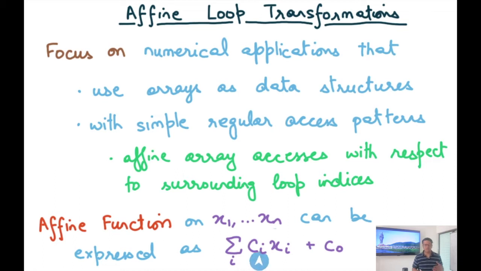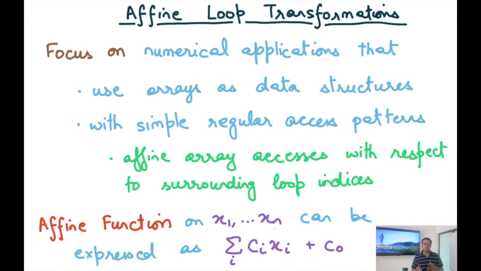And where the ci's and c0 are numeric constants. So for example, 2 times x plus 1 is an affine expression on x. And when I say affine array accesses with respect to surrounding loop indices, the array accesses can be expressed as affine functions, that means this particular form, summation of ci xi plus c0, of the surrounding loop indices.